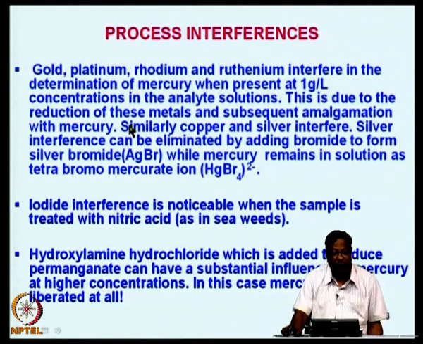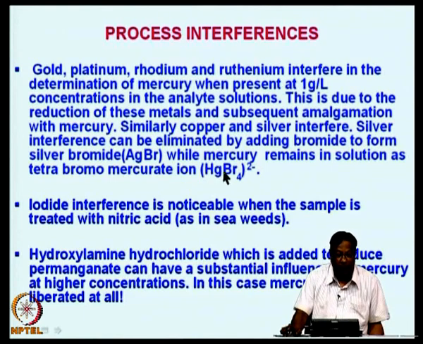This is due to the reduction of these metals and subsequent amalgamation with mercury. Therefore, available mercury concentration decreases. Similarly, copper and silver interfere. Silver interference can be eliminated by adding bromide to form insoluble silver bromide, while mercury remains in solution as tetrabromomercurate ion.